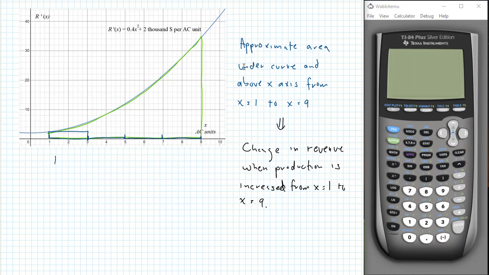Because of this, we're going to call this a left-hand sum. Sometimes you'll see it written as LHS, maybe with a 4 after it to say that there's 4 rectangles. Or you might just see it written as L4. So the next rectangle is going to go up and touch on the left-hand side, go across. The next one's going to go up and touch on the left-hand side, go across, and the same thing for the last one.